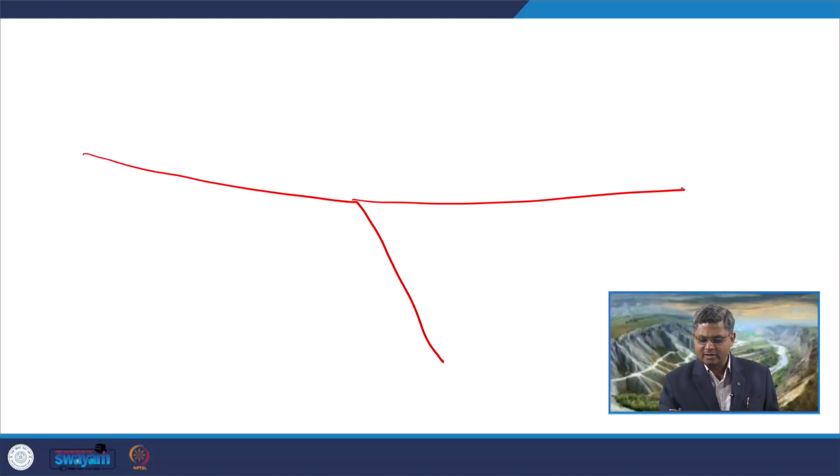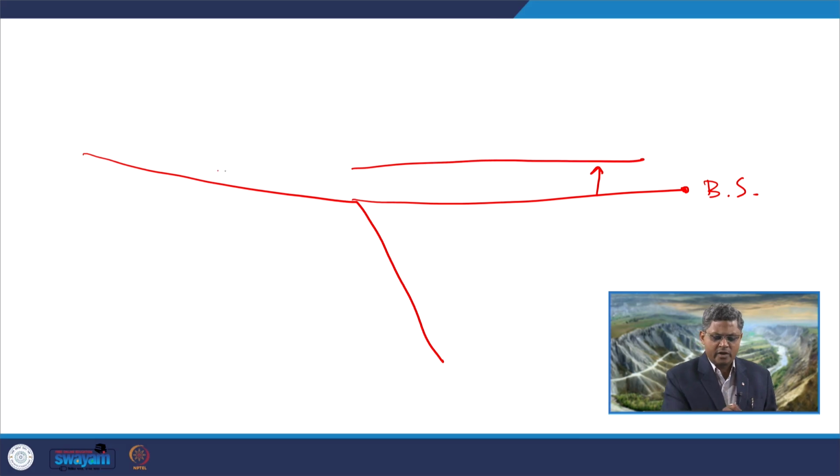So, if I look at the shelf edge, this was the base level condition at the end of the forced regression. Now this base level is rising, and due to that rising base level we have an extra amount of sediments coming in.